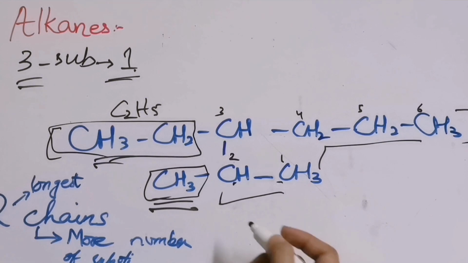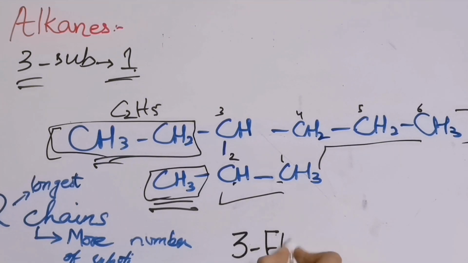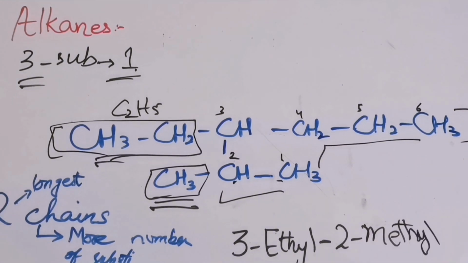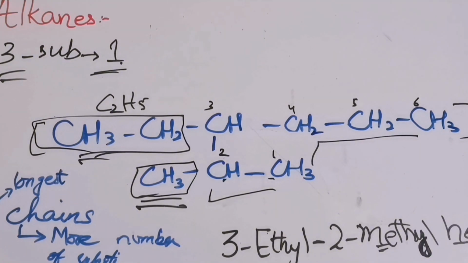The position of ethyl is 3, so we will write 3-ethyl. And the position of methyl is 2, so 2-methyl. And then we will write the name of the chain, that is hexane. So the name of this compound is 3-ethyl-2-methylhexane.